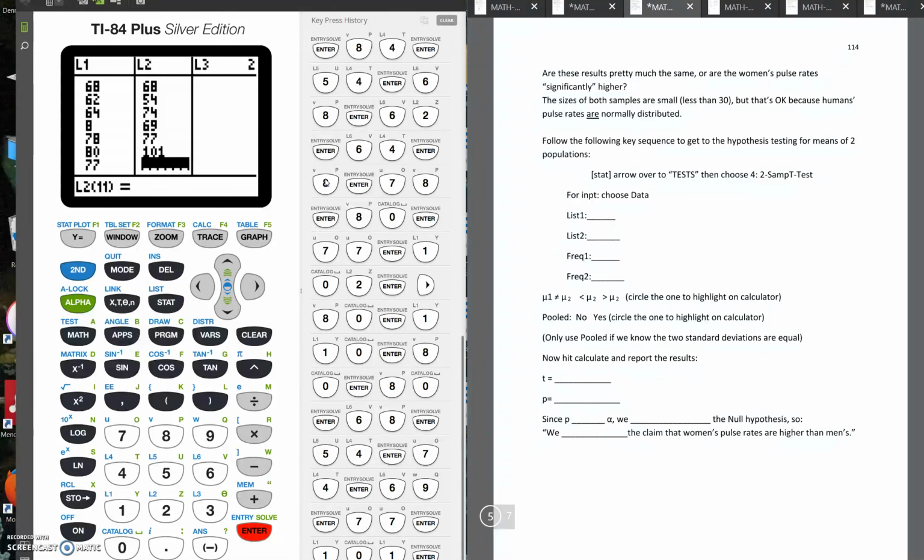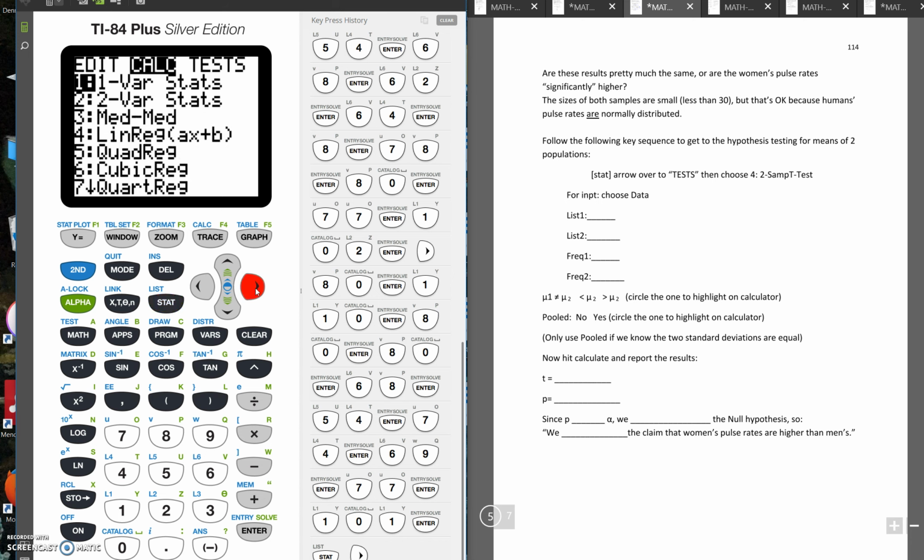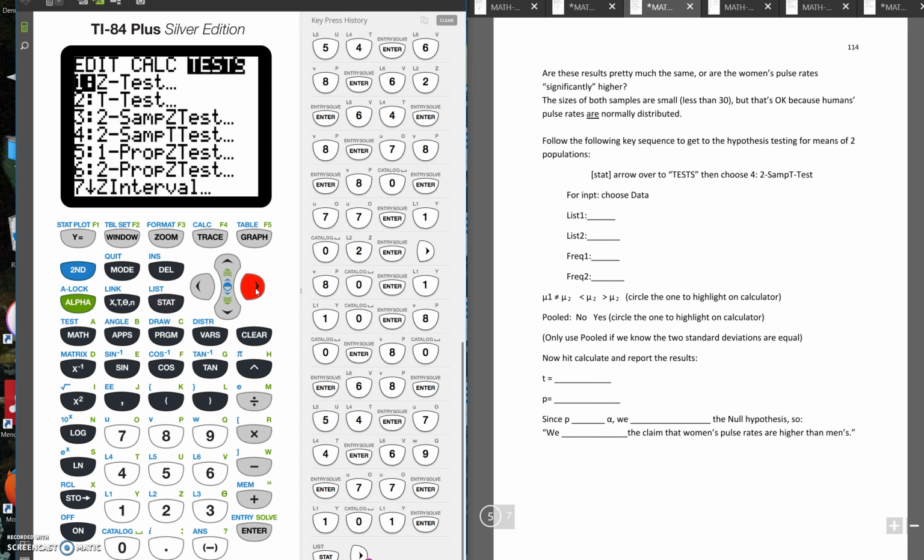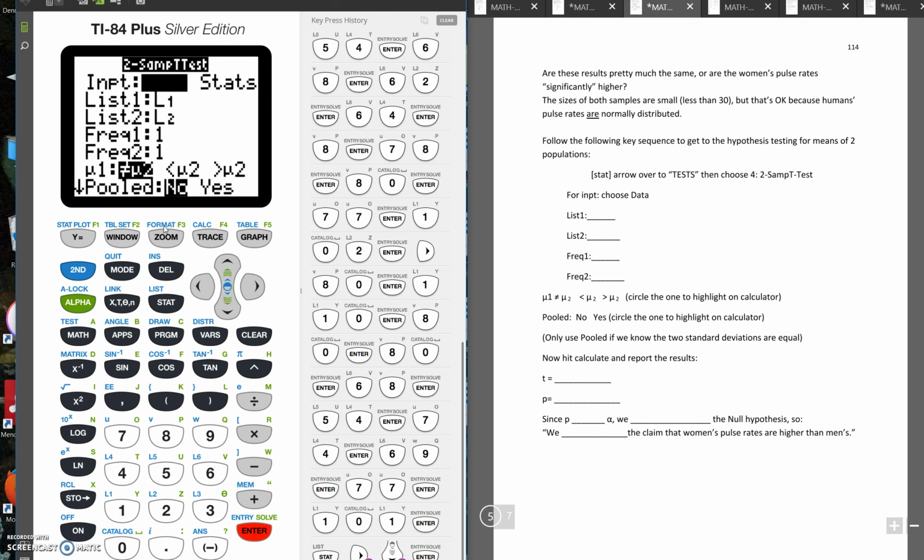Follow the following key sequence to get the hypothesis test. Just like you've done with the other hypothesis tests, you're going to go to stat, over to tests, and down to number 4, the 2-sample t-test. We're going to choose data, keeping it on data because we've just put that data in. We'll have L1 in list 1, L2 in list 2, and put 1 for both of the frequencies.